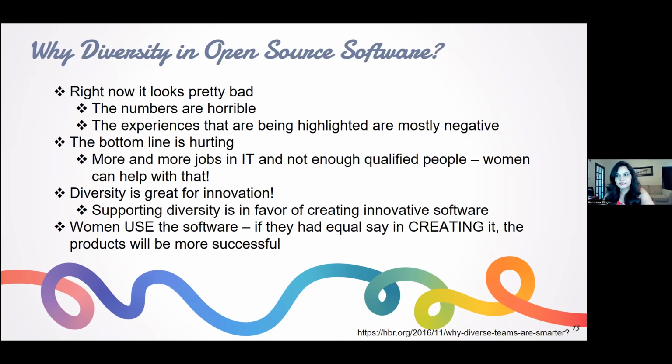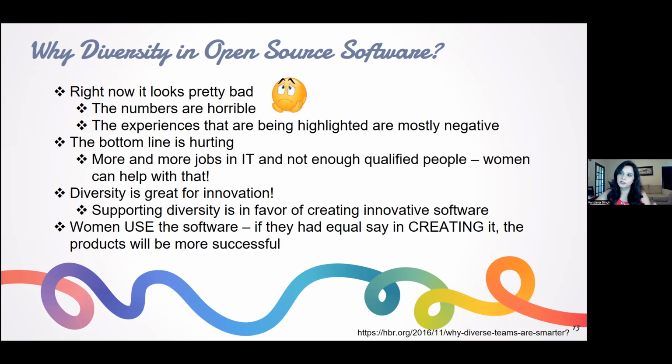So I started asking why diversity in open source software should be studied, and why it is important. When you look at numbers like 2 to 3%, there's something going on that we need to understand. Also, a lot of the experiences highlighted are quite negative.